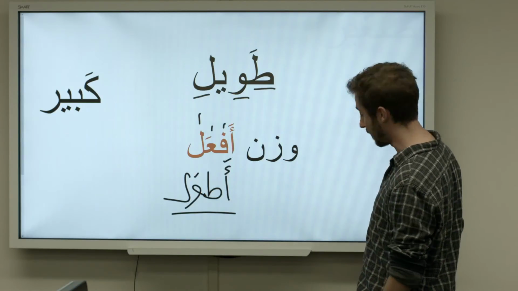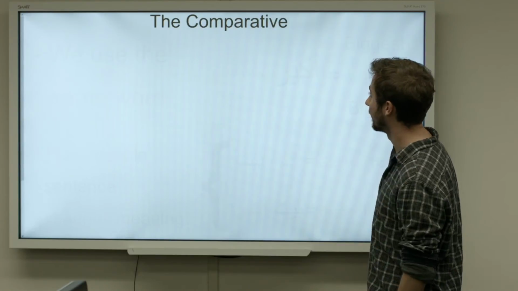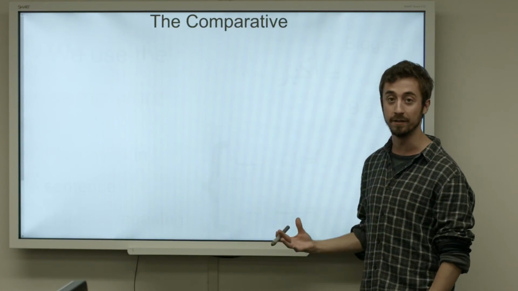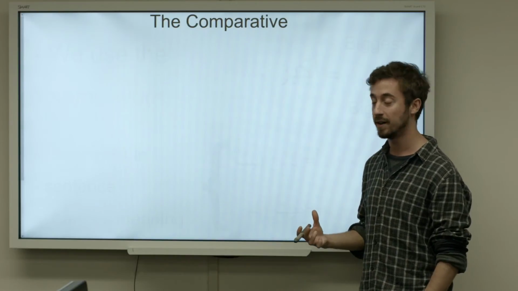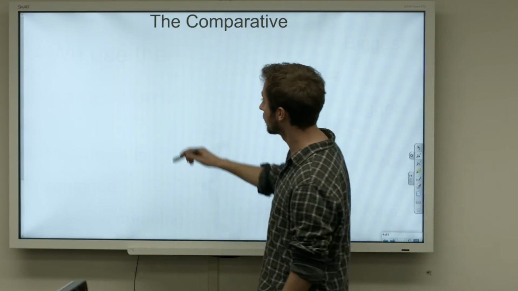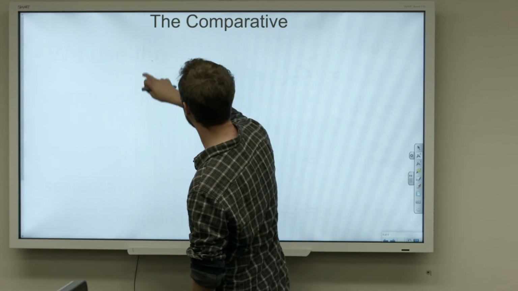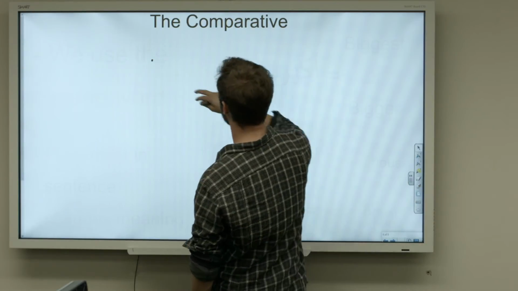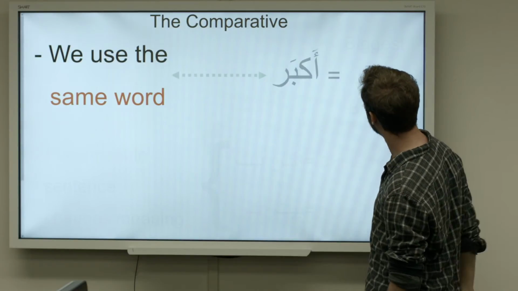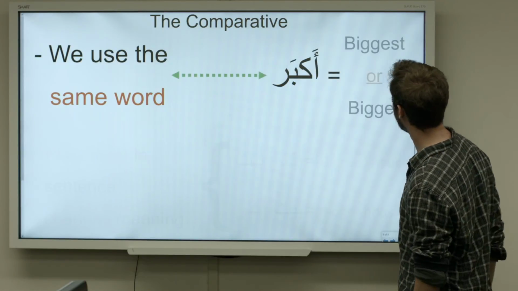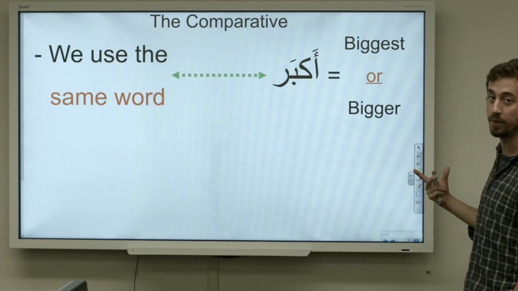Alright, let's move on to the comparative. Okay, so how do we form the comparative? Well, the really good news here is that you actually use the same word as you do for the superlative, right? So for example, akbar will mean biggest or bigger.